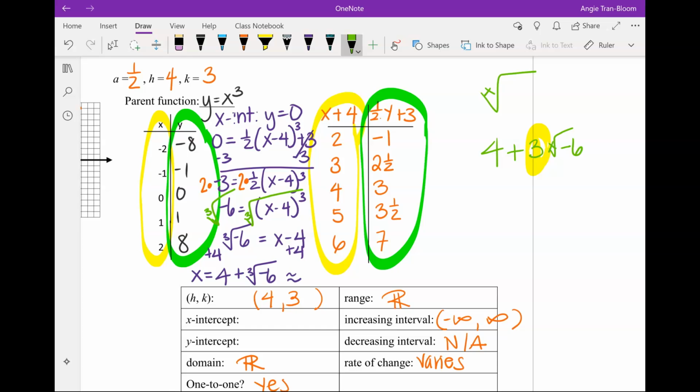There you go. I did. All right. Calculator.